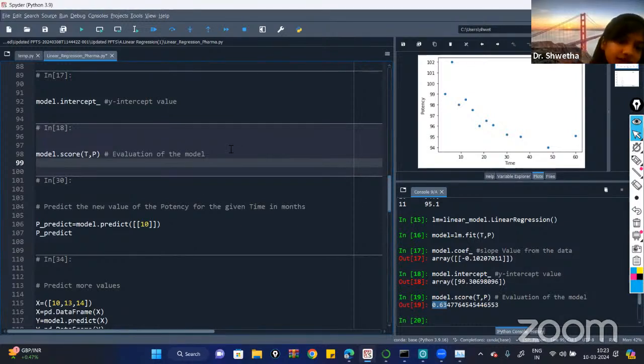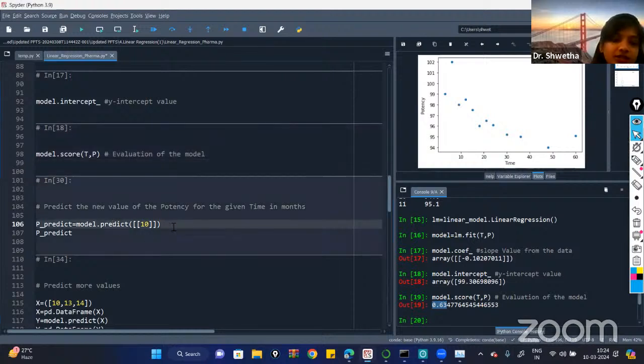Now, we can take a new value. Say, for example, a new time we are taking is 10. For this value, if we want to predict the potency, we can directly use the model we have built, called model.predict. So .predict will predict the Y values for the new X values.